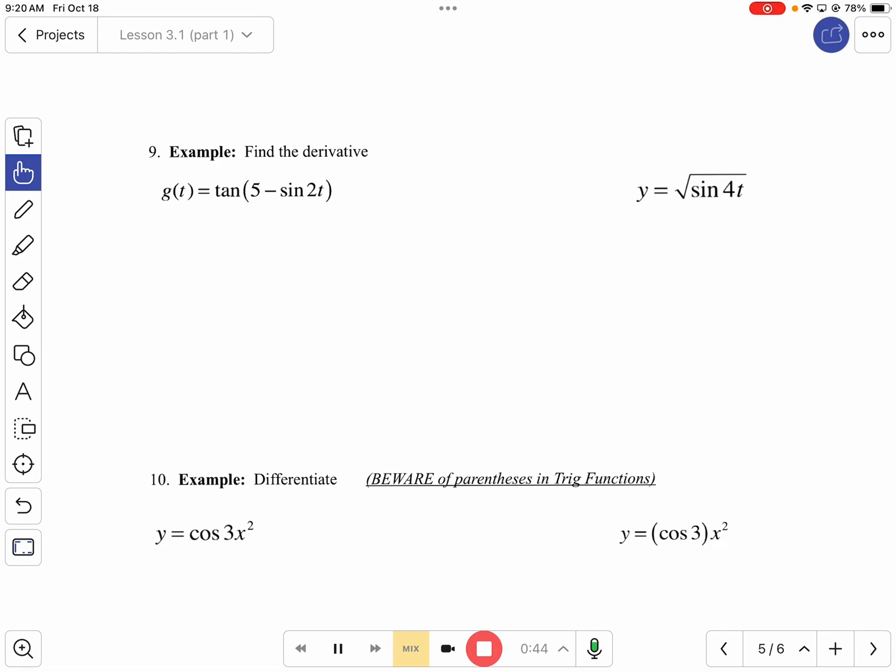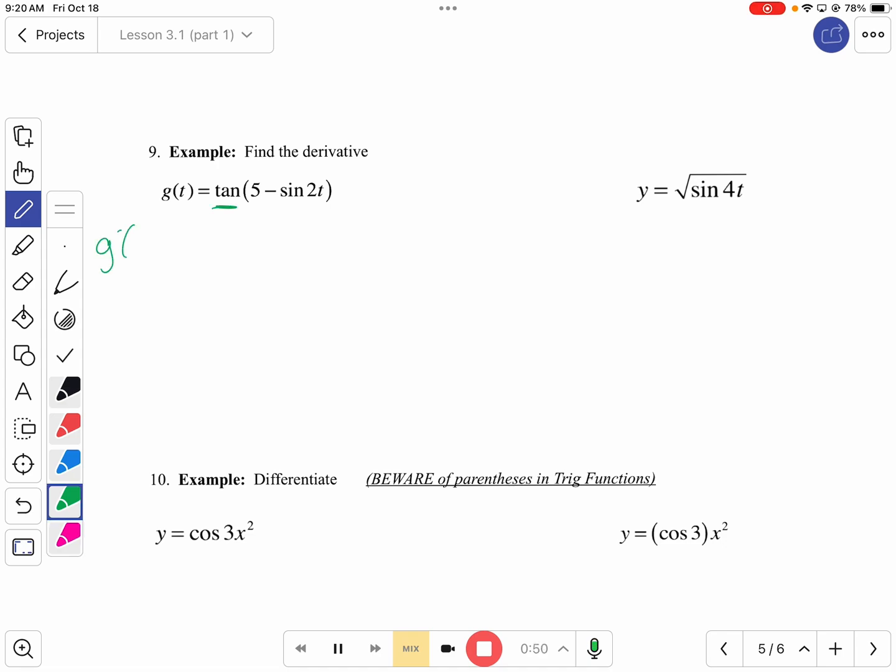Okay, so that's good. Tan is my obvious outside function. So g prime at t is going to equal secant squared, and then we're just going to keep all of that stuff, 5 minus the sine of 2t. Okay, so we see the obvious first outside.